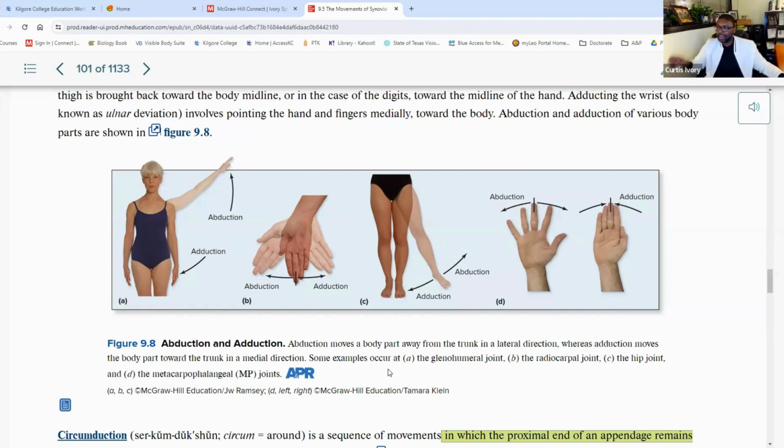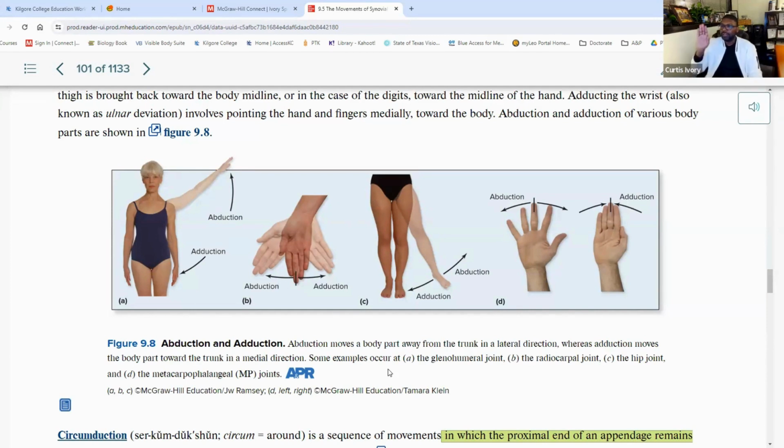Adduction, like adding, adduction is getting closer to the midline. You're adding to get closer to the midline. So abduction with a B is taking away, like being abducted. You're being taken away. And adduction is bringing it closer to.